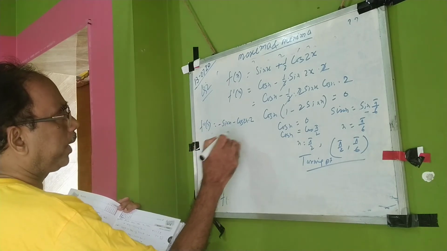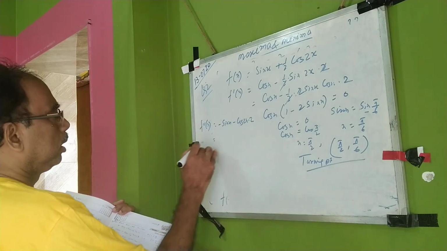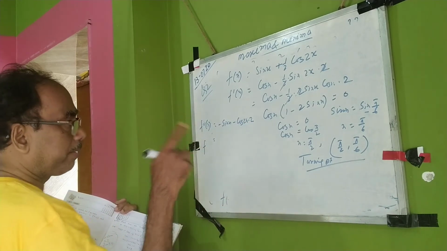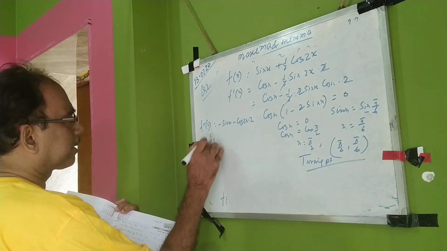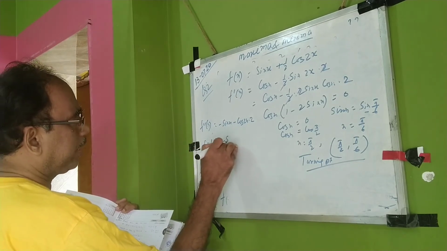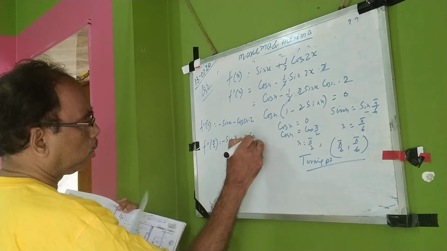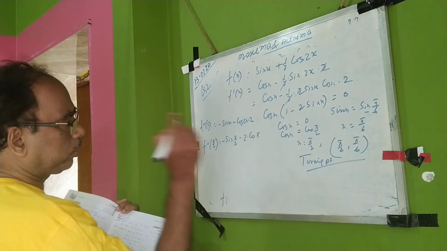So the derivative of sin 2x is cos 2x into 2. Now you have to check to get the maximum value: f double dash pi by 2 equals to minus sin pi by 2 minus 2 cos 2 into pi by 2, cos pi.